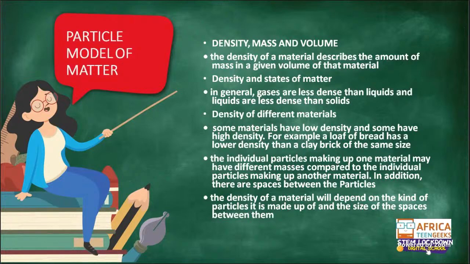All right. So having known the definition of density, let's look at the relationship between density and states of matter. In general, gases are less dense than liquids, and liquids are less dense than solids. So, for example, if I should take a gas, let's say hydrogen gas, I blow a certain quantity into a balloon.